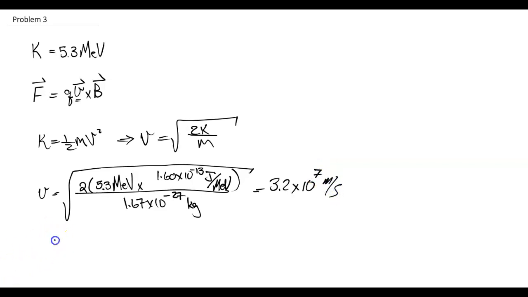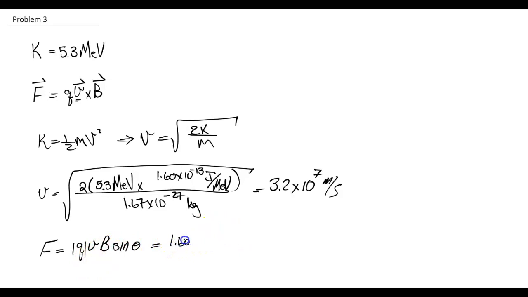And so now we can say that F, the magnitude of the magnetic force, is QVB sine theta, and since we're looking for magnitude, we can take the absolute value.